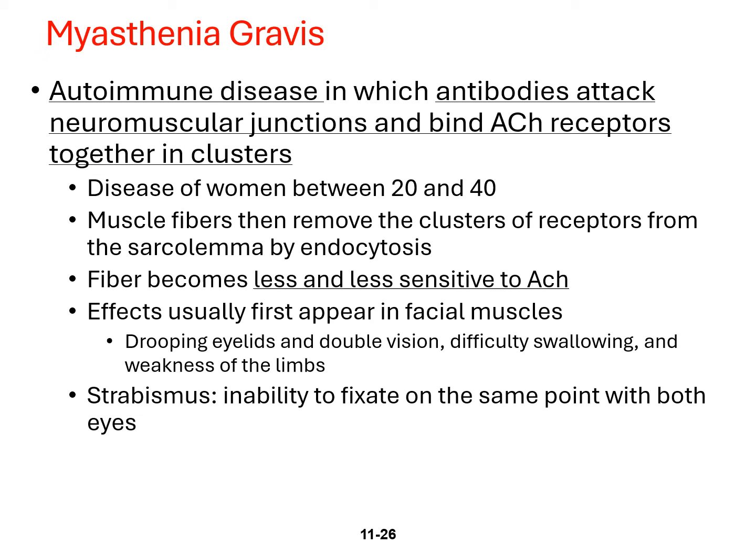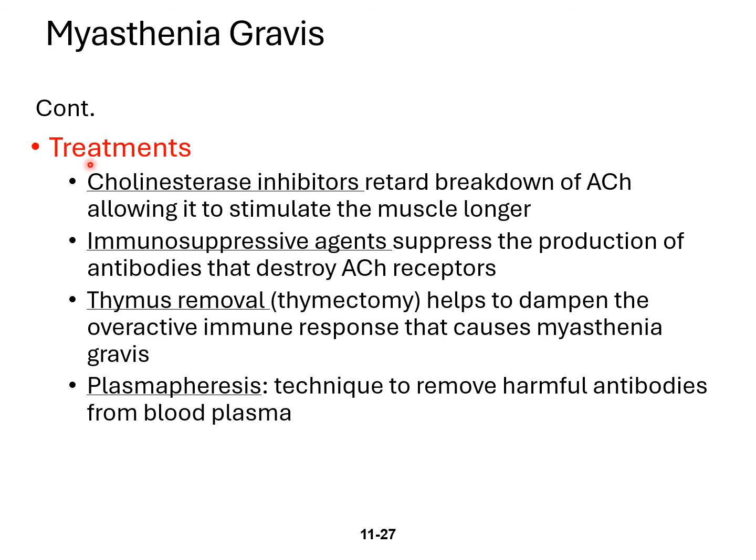In myasthenia gravis, some of the treatments are acetylcholinesterase inhibitors. Cholinesterase is an enzyme that dissolves acetylcholine. So if you take this away with a cholinesterase inhibitor, it retards or stops the breakdown of acetylcholine, allowing it to stimulate the muscle longer.